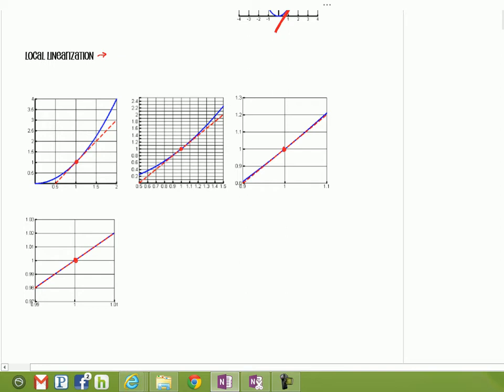if you zoom in enough, you should be able to see that the tangent line and the curve are the same.